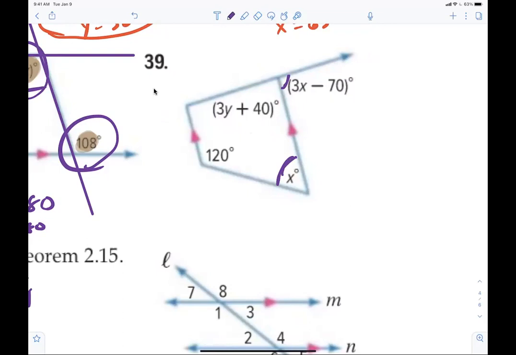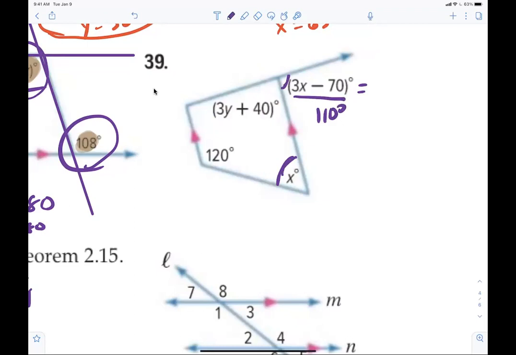They're not equal. What do I do? X equals 3y plus 40. What does X equal? 60. So what does this angle equal up here? 110. See how sneaky they are? That's hard, especially because you're used to doing it one way. Now they're throwing something else in there. So that is equal to 110 degrees.